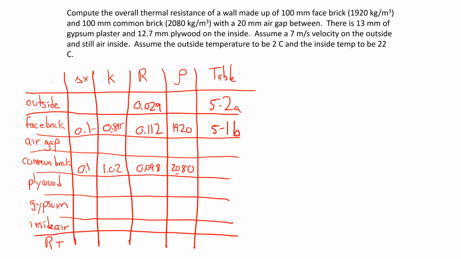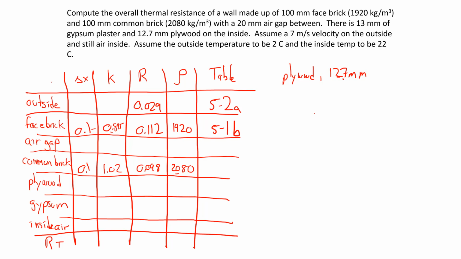Okay, next we have the plywood. We're given that the plywood thickness is 12.7 millimeters, right? So I'm going to go back and try to find plywood at that thickness.